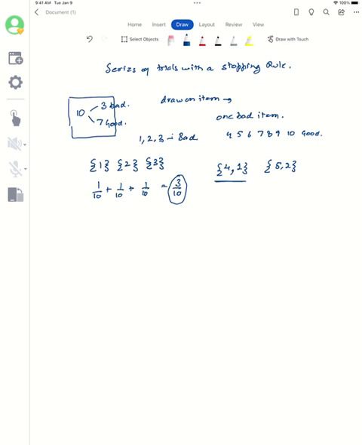The first space can be filled by 10 items, and the second space can be filled by 9 items. So the total sample space would be 10 times 9, or 90 possibilities.